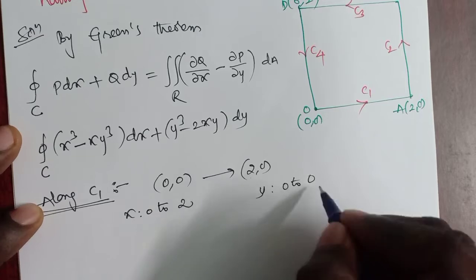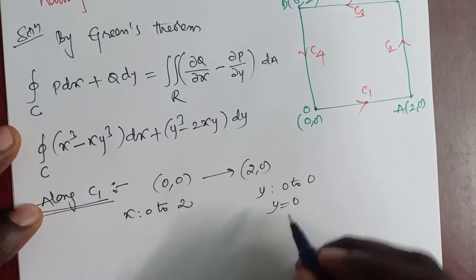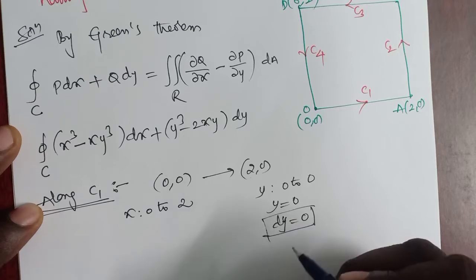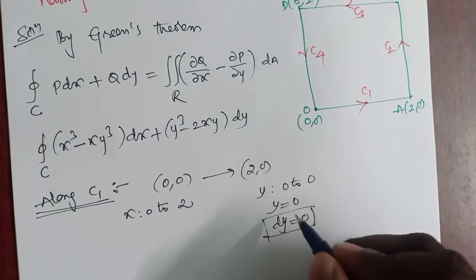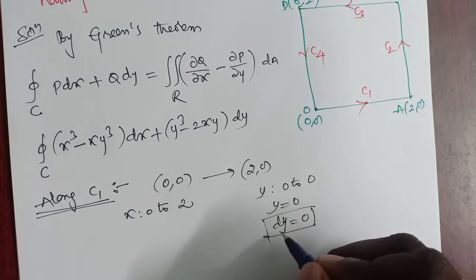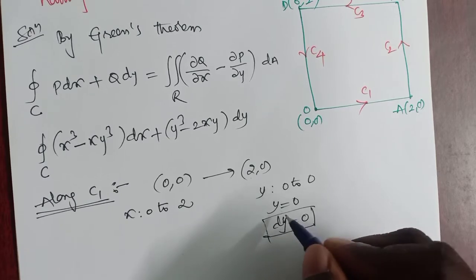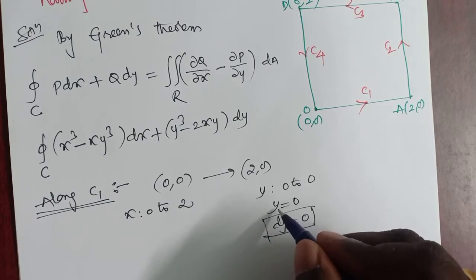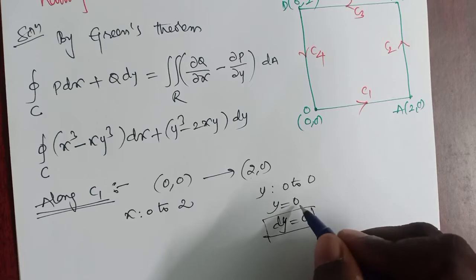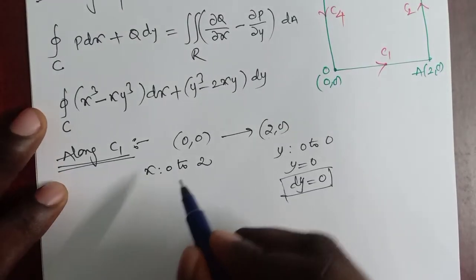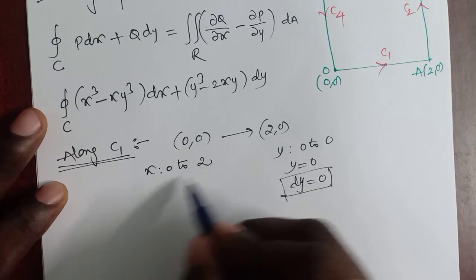There is no change in y, which means y equals 0, and dy also equals 0. So directly we can take dy as 0. Why? Because there is no change in y, so the rate of change in y is equal to 0. Or else we can differentiate y, so dy is the derivative of 0, which is 0. Clearly we have the boundaries from 0 to 2.